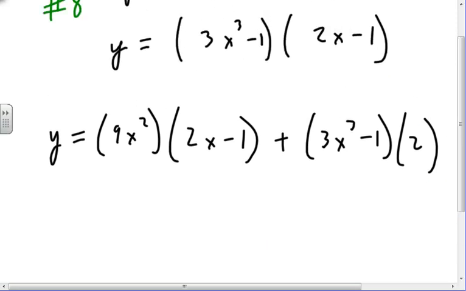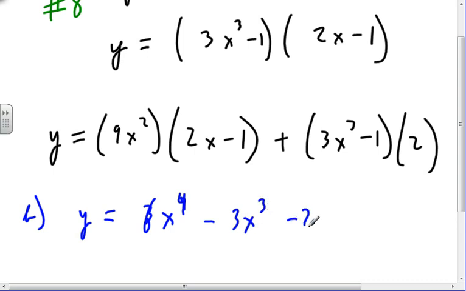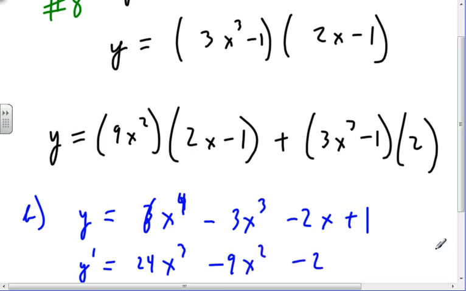Alright, so for B I could have said y is equal to 6x to the fourth minus 3x cubed minus 2x plus 1. And then I could have said the derivative is 24x cubed minus 9x squared minus 2. Is that what I have there?